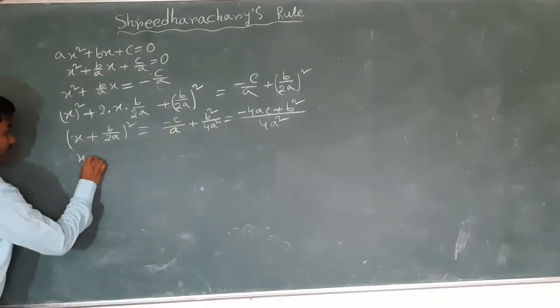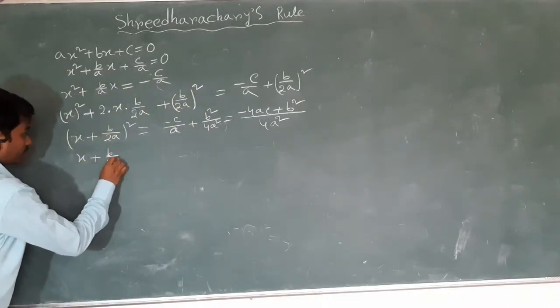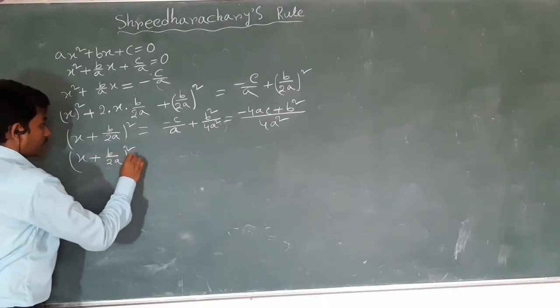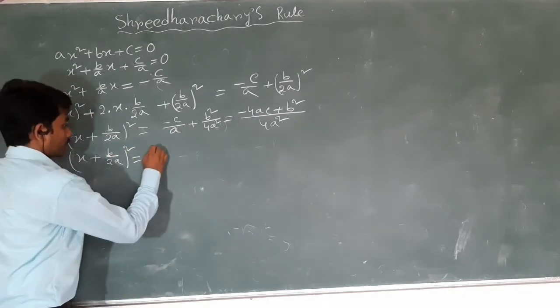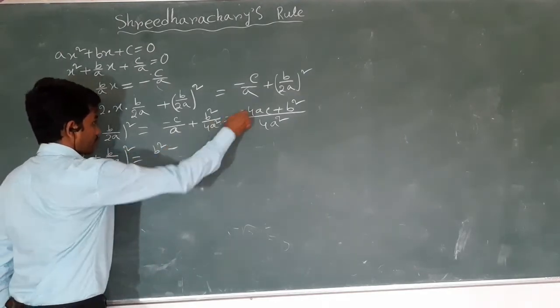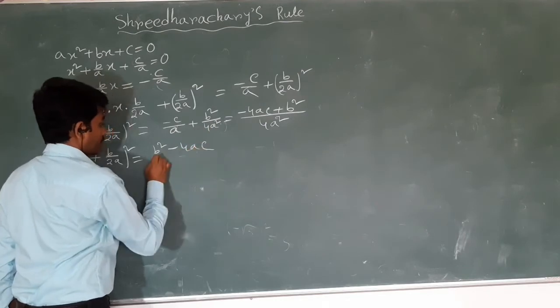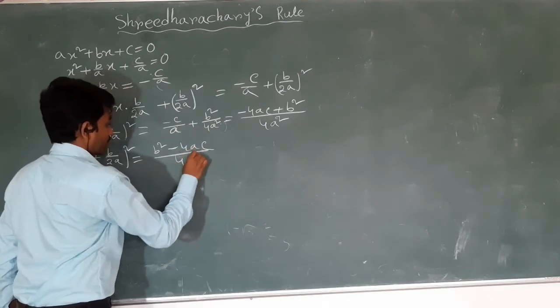So x plus b upon 2a whole square is equal to b square minus 4ac upon 4a square.